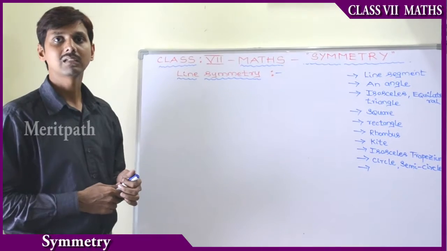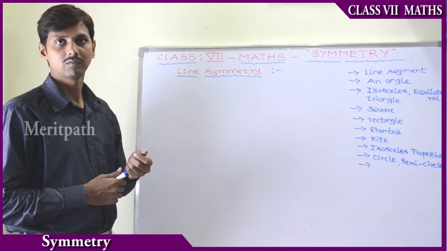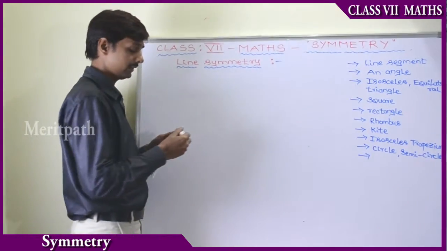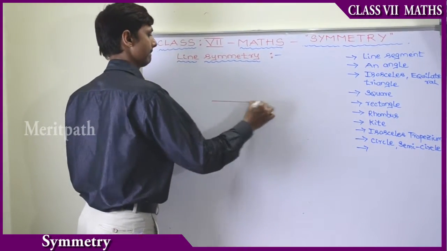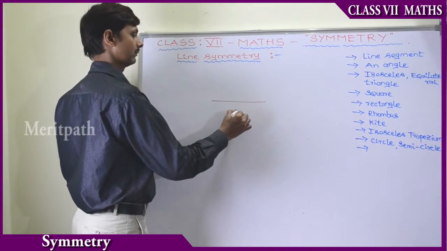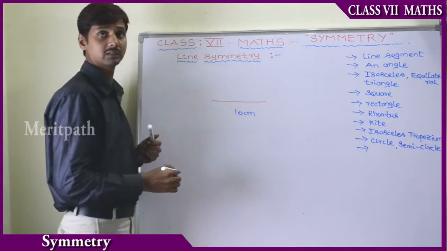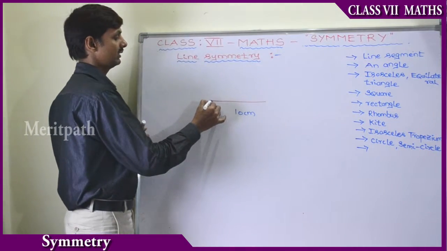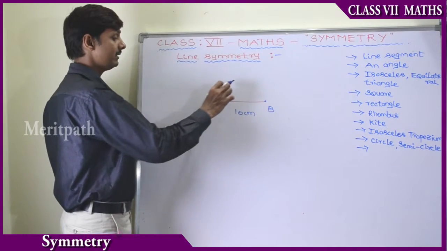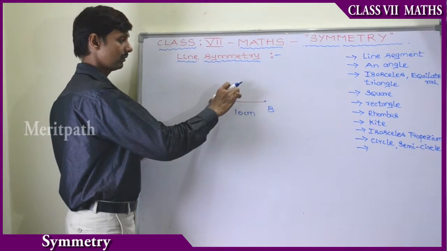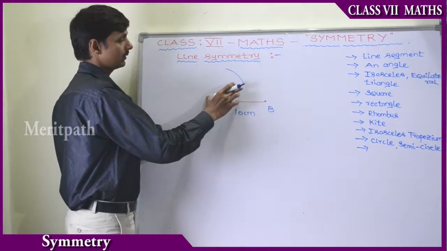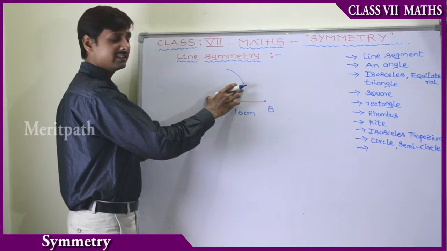Let's learn line symmetry for some figures. Take a line segment of 10 centimeters and name it AB. Using point A, make an arc by taking more than half the radius.